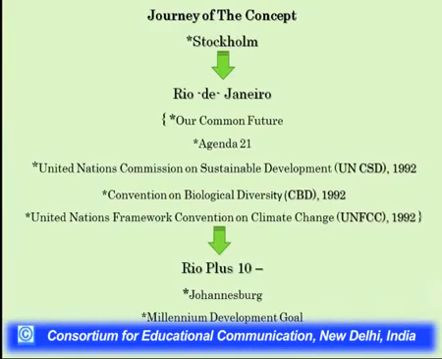So, beginning from the Stockholm Declaration to the Rio Declaration, from Our Common Future to Agenda 21. In this reference, the United Nations Commission on Sustainable Development, UNCSD, began in 1992.